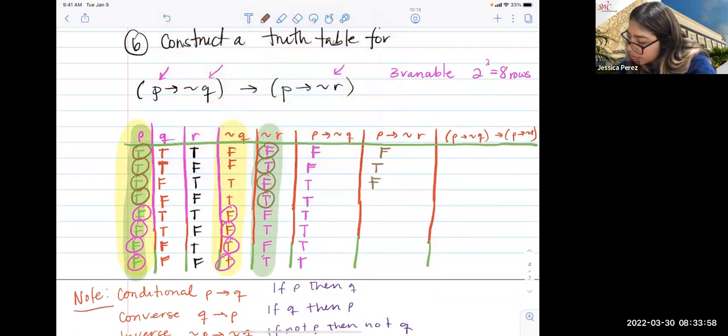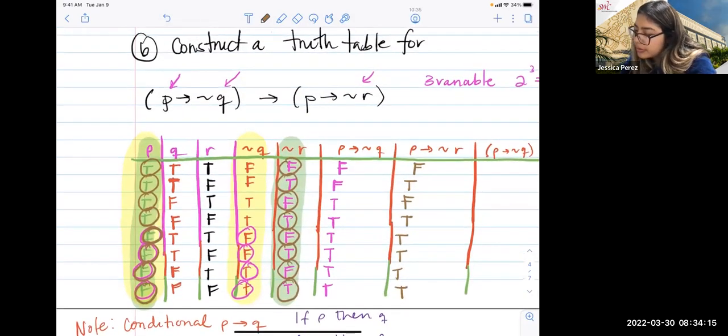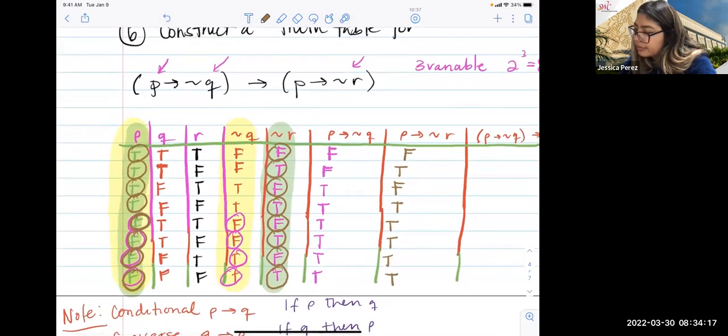True, true, that's a true. False, false, that's a true. False, true, that's a true. False, false, that's a true. False, true, that's a true. The only false is when you have TF, TF. So those are these two locations.